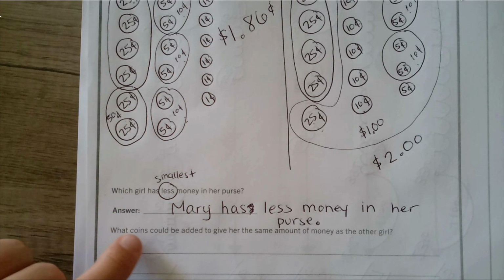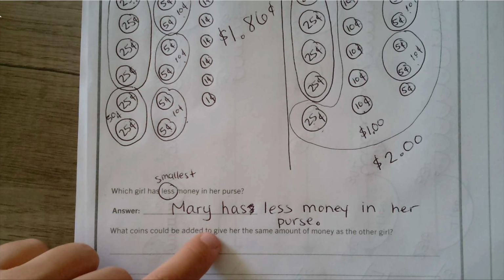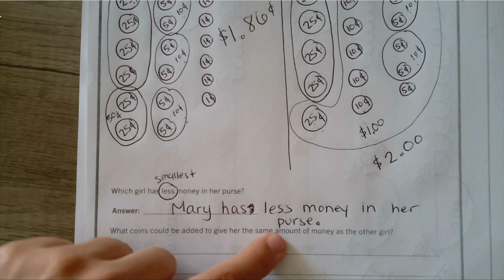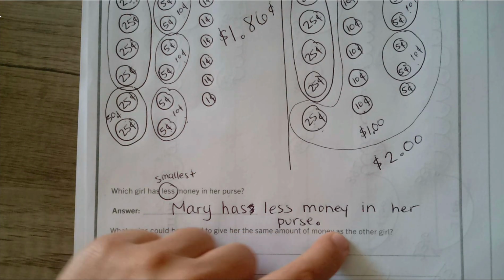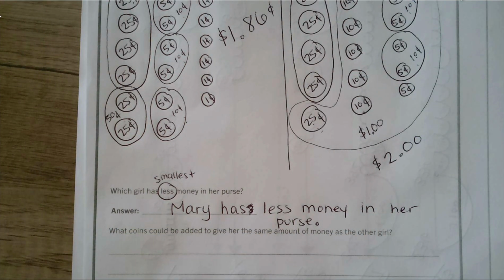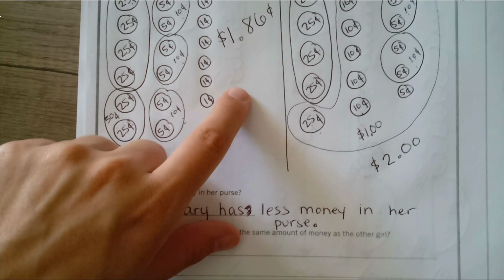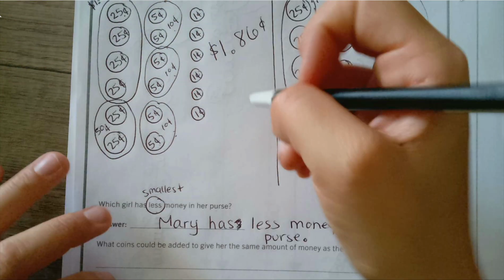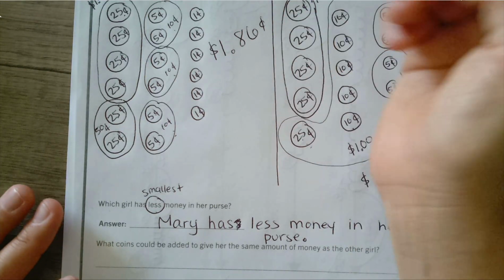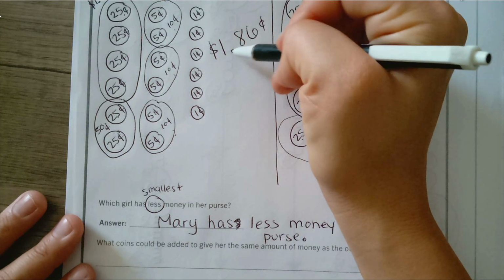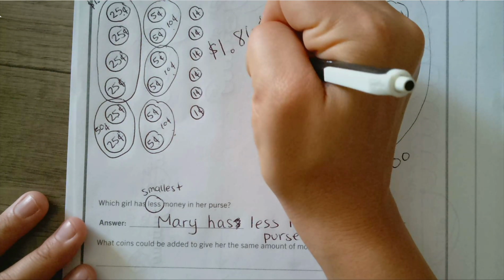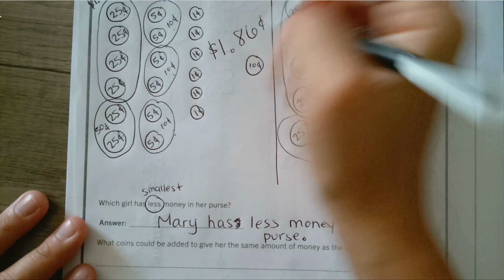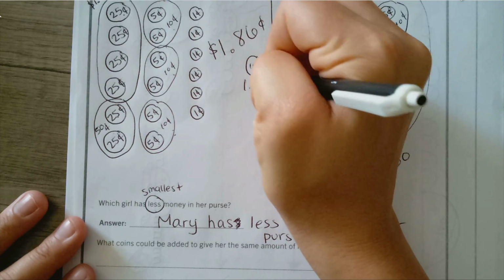It says, what coins could be added to give her the same amount of money as the other girl? So how much does Mary need? How much more does Mary need to get to $2? Okay, well, if I could count by tens, let's see. I could do another 10-cent coin. That's going to give me now $1.96.